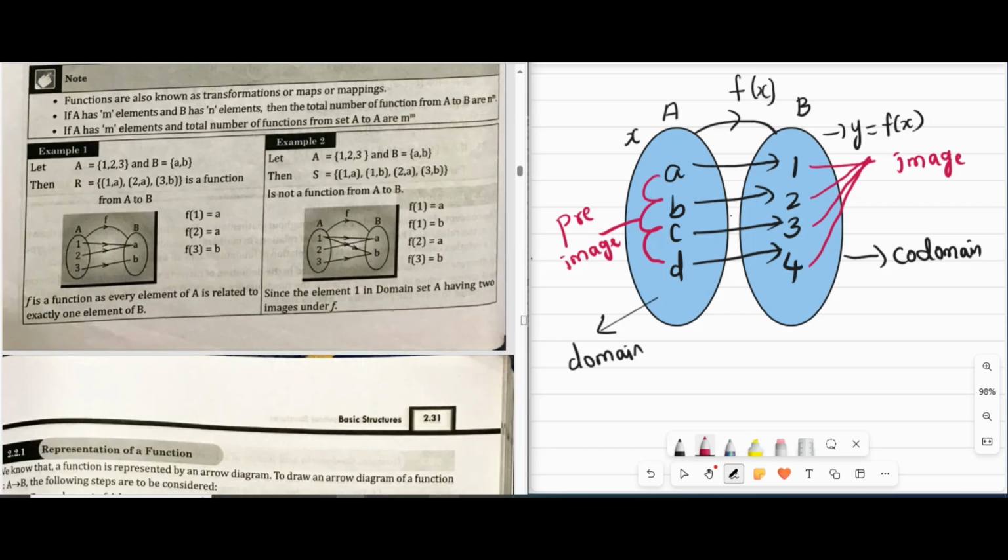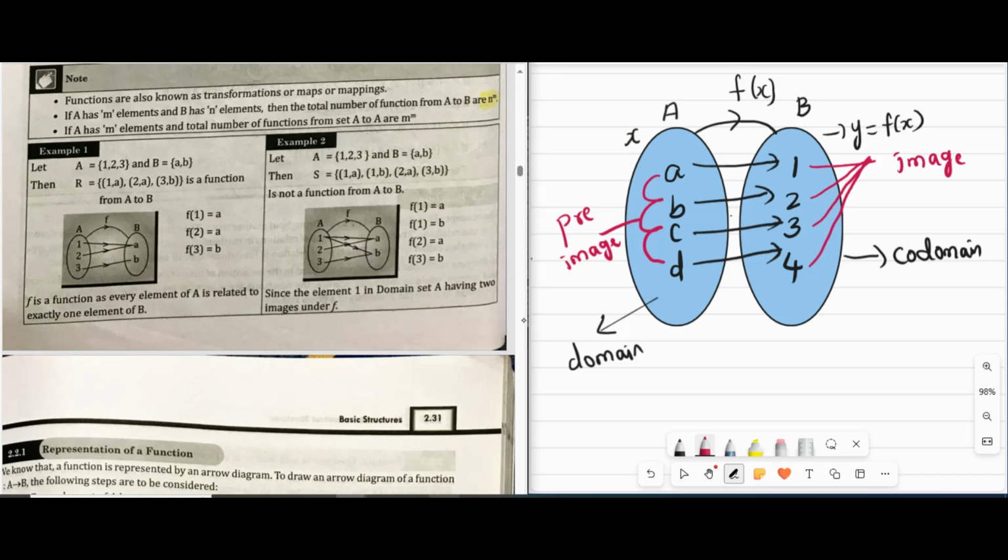Some important points: functions are known as transformations or maps or mappings. If A has m elements and B has n elements, the total number of functions from A to B is n to the power of m.